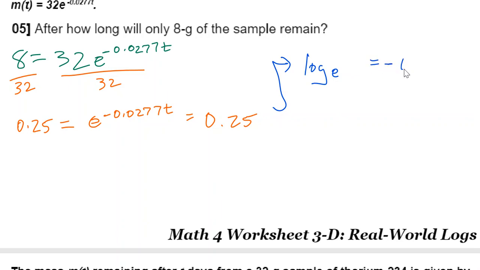Exponent goes over here, and my 0.25 goes there. You could also list it as 1/4 if you wanted to, which is really the natural log of that.